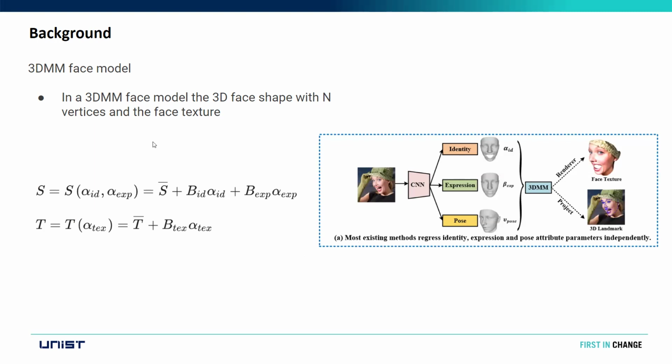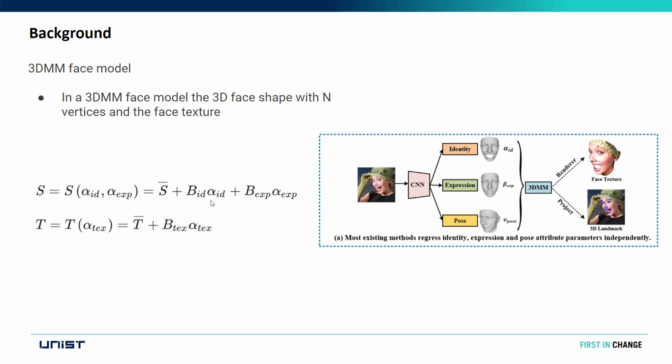The 3D model can be expressed by S for shape and T for texture. On the shape module, we have the mean shape, and also the identity and expressions. These identity and expressions are used to regress the shape of the face.